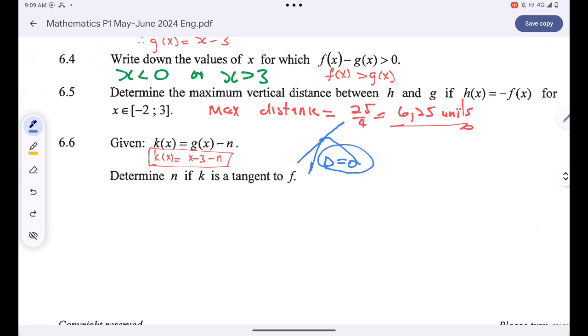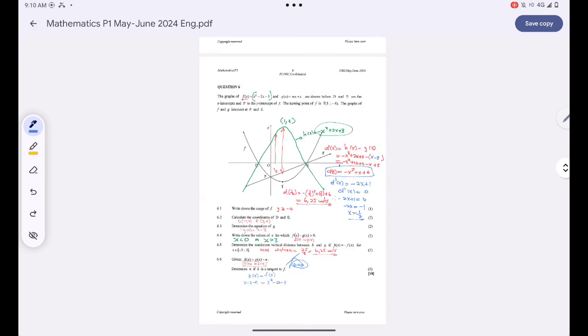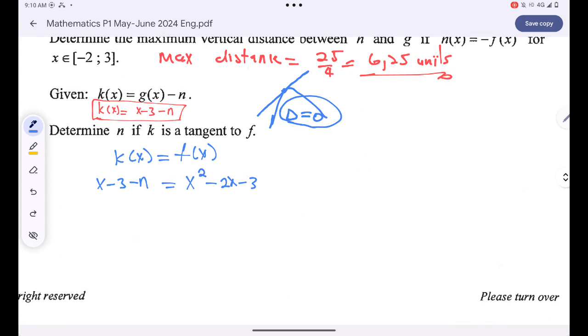Since we are dealing with intersection, for us to find a point of intersection, we must equate the two graphs. So k of x is equal to f of x. k of x is x minus 3 minus n. f of x was given to us as x squared minus 2x minus 3. And you must make sure that your equation is in standard form.